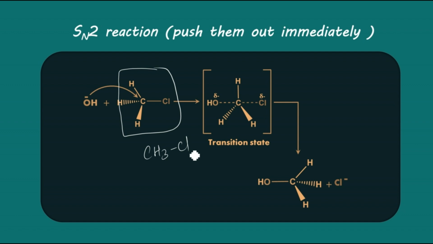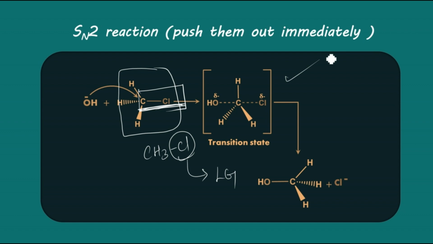The nucleophile approaches from the back side of the carbon bearing the leaving group. Cl is our leaving group, and the nucleophile attacks from the back side. We used to give the usual analogy for SN2, like Kattappa kills Bahubali from the back side, so you can remember it that way. Backside attack happens in SN2. As the nucleophile gets closer, it begins forming a bond with carbon, giving the transition state.